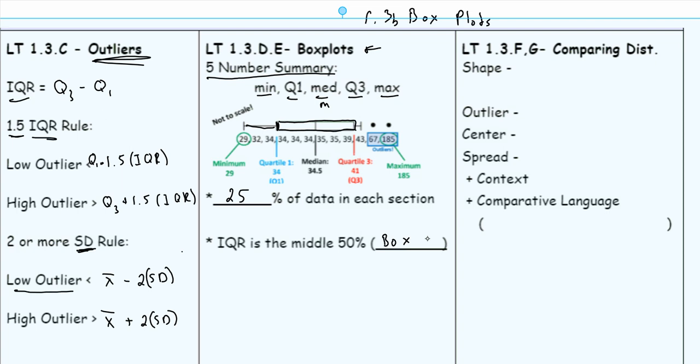Other things when we're comparing distributions with box plots: normally on the AP test, they do not consider box plots able to determine the shape specifically, but we actually can. If you notice a box plot like this with a huge line right here, this essentially means you are skewed.